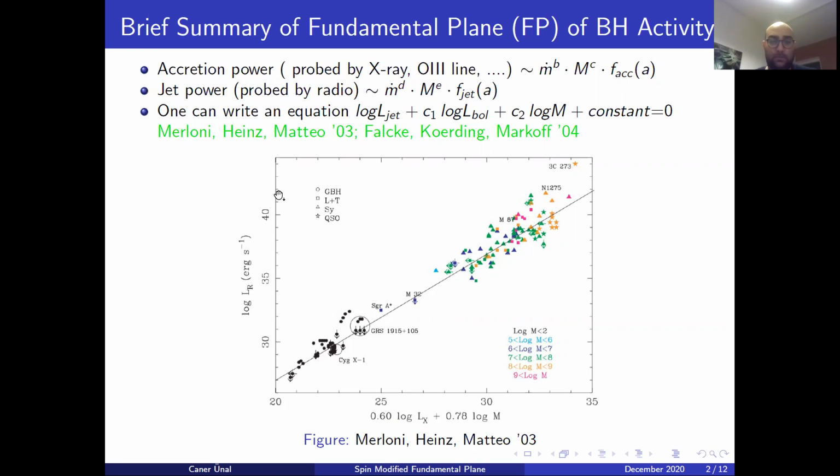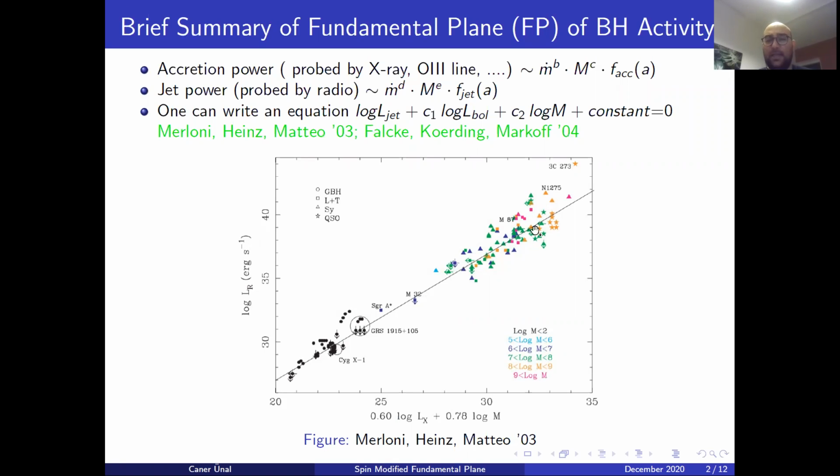Observationally, this relation has been found by these two groups. On the y-axis, you see the radio power, and on the x-axis, you see the X-ray luminosity and the mass. There's an overall coefficient that has been set to get the minimum scatter.